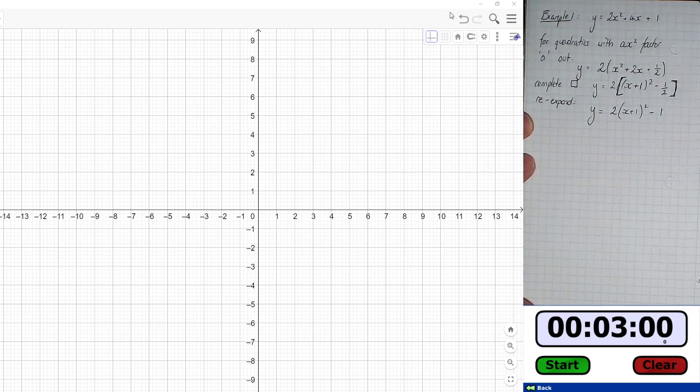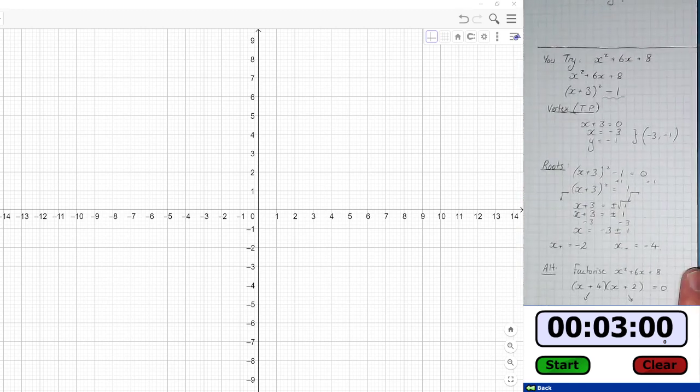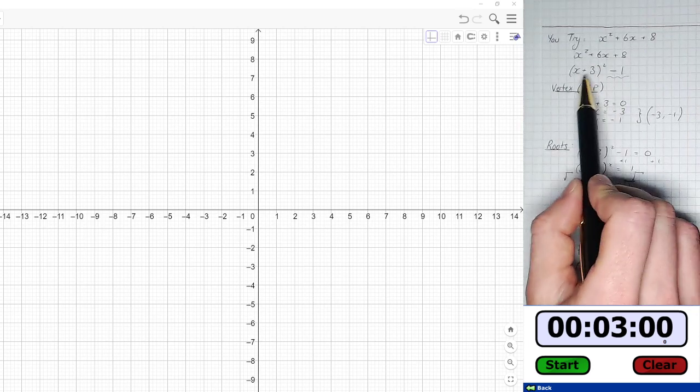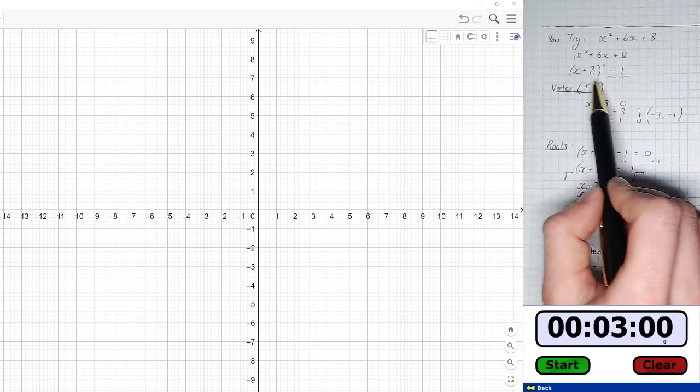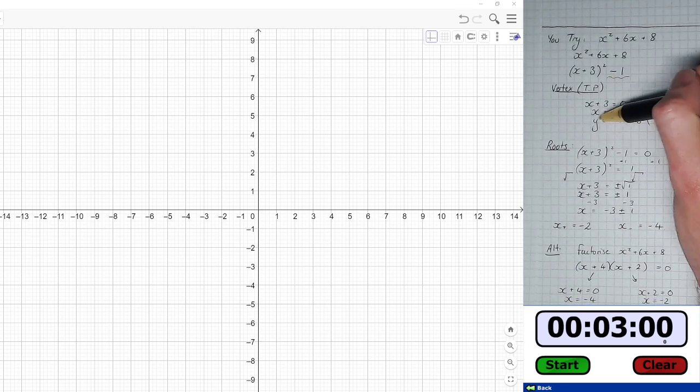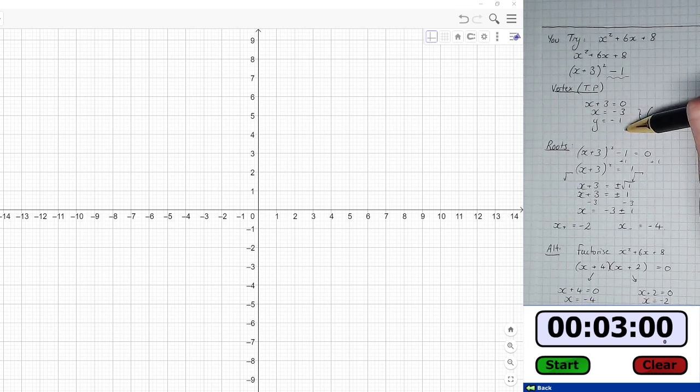Now, if you remember from last time, I'm just going to shift my notes across to something that we used last time so that we can see. Last time, we used the completed square form to find out where our vertex is. So the number at the end was the y-coordinate for our vertex, the turning point.